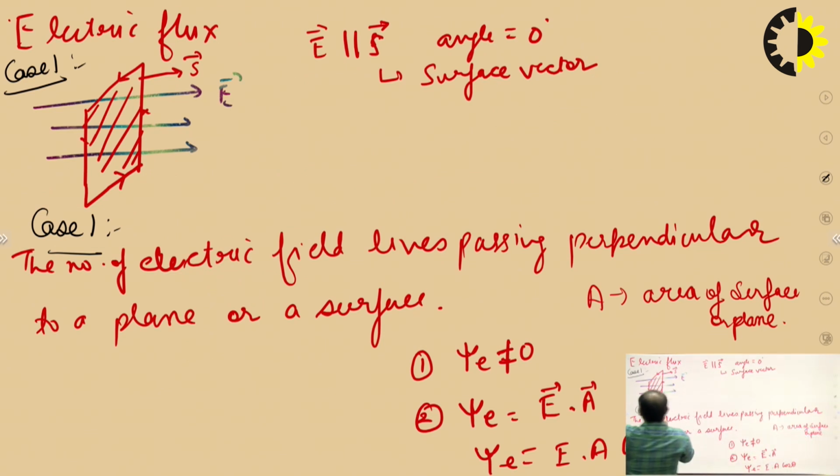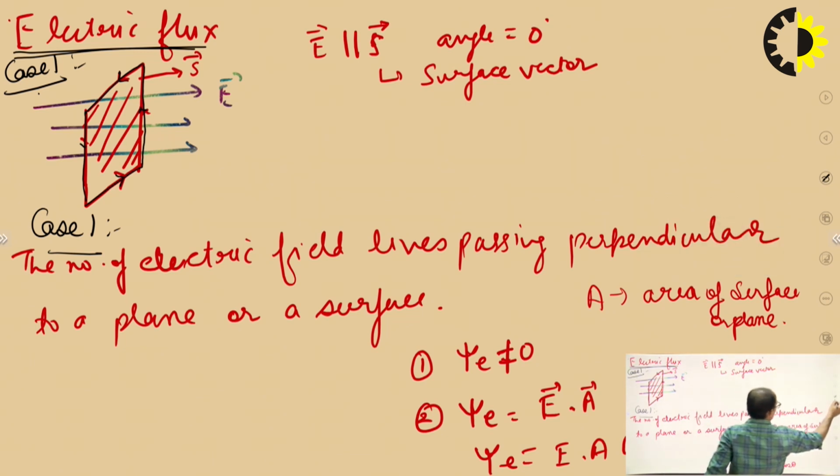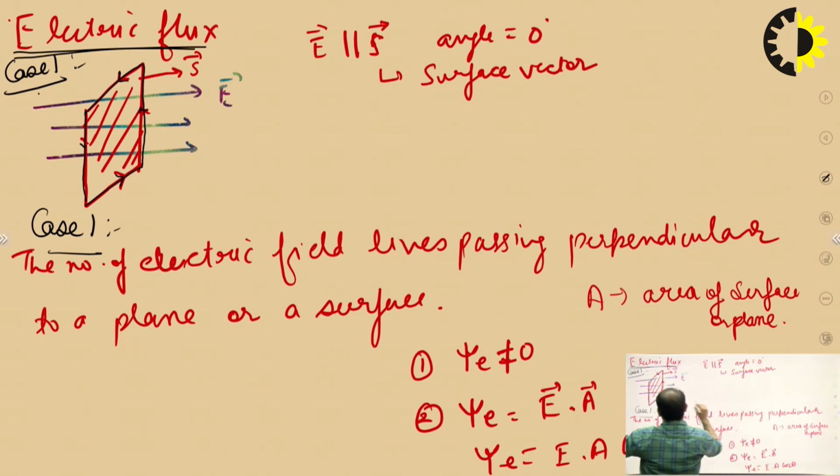So we will discuss the electric flux, meaning how much flux is passing through the surface. Take case number 1. If I say this is a surface, and the electric field lines are passing through it, these are the electric field lines passing through it.